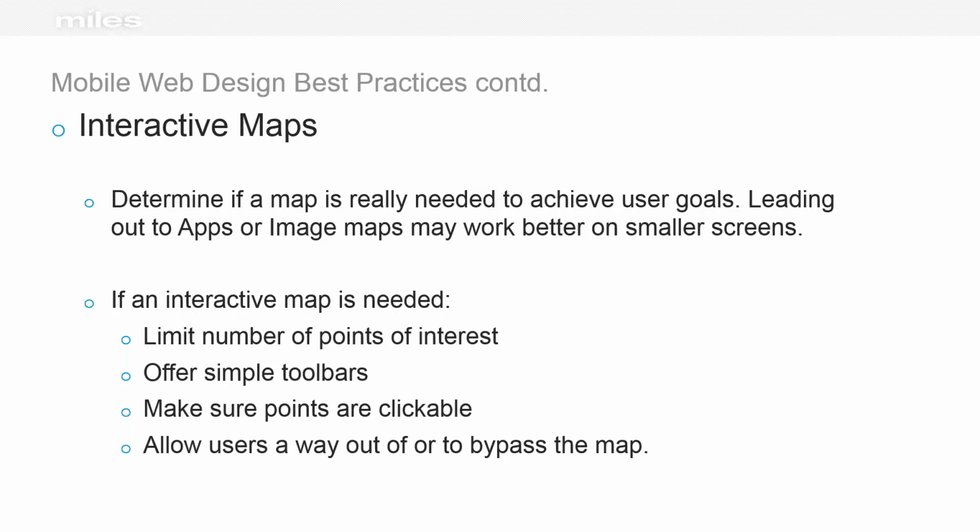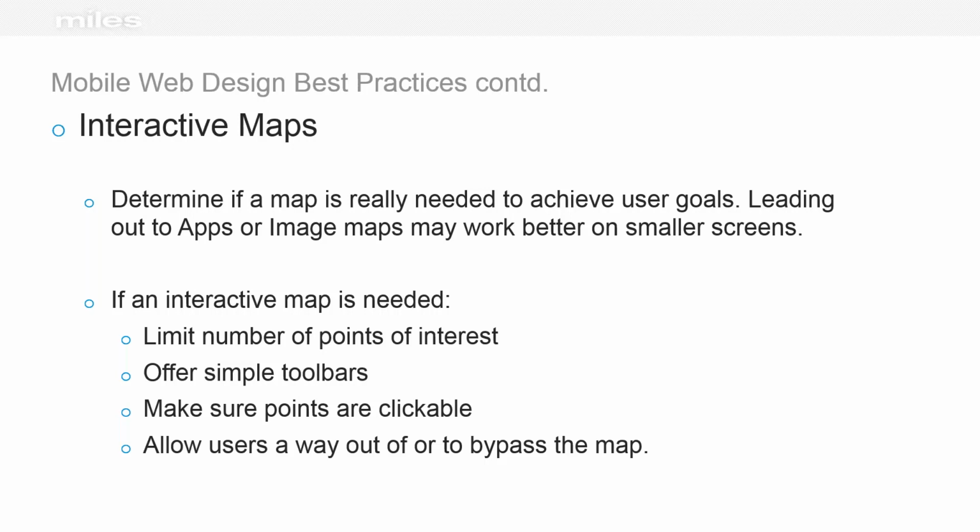When you do go to the position of you've determined what your goals are and you really feel that having an interactive map is something that your users should have, you want to look at limiting the number of pins or points of interest so that you're in a nice zoom level and that it's something that a user can actually take in and really view and understand the number of pins. You want to make sure those pins are large.